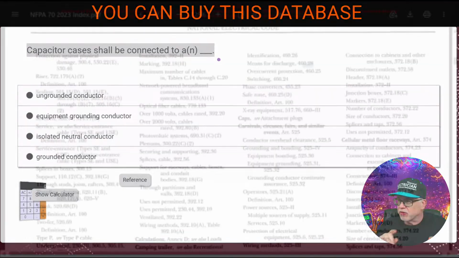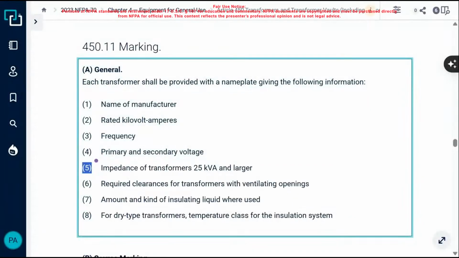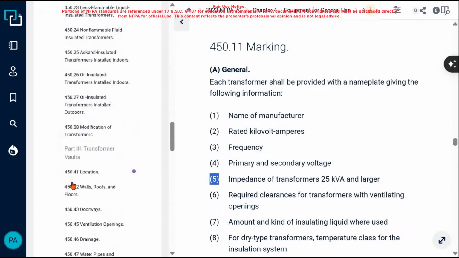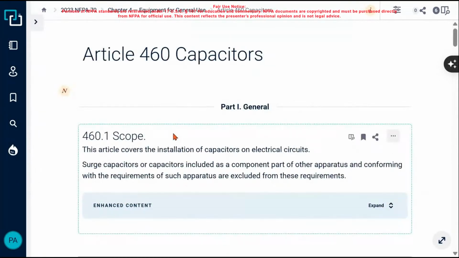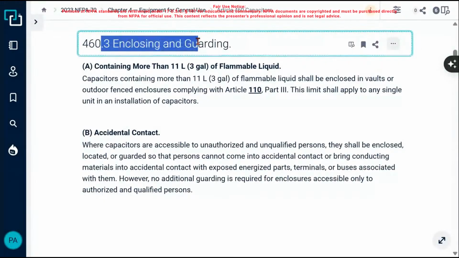So let's go to bold scan, and we're going to share this here. And we're going to go to 460, and right here, capacitors. All right, so bold scanning. What are we looking for? We're trying to talk about the capacitor case, right? So let's see here. Scope, enclosure, and guarded.